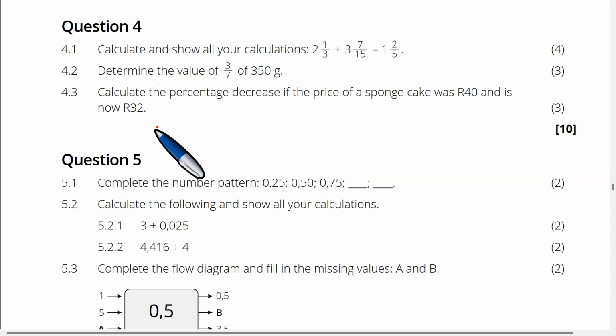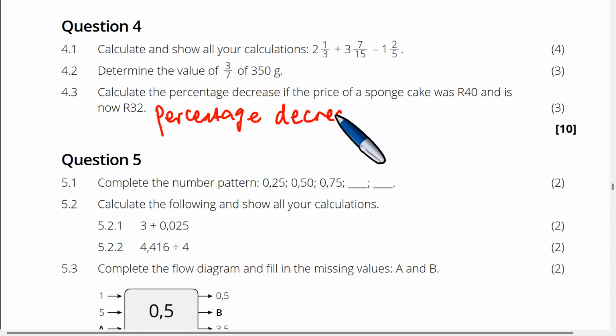For the percentage decrease, obviously now we need to calculate the percentage decrease if the price of sponge cake was 40 Rand and is now 32 Rand.